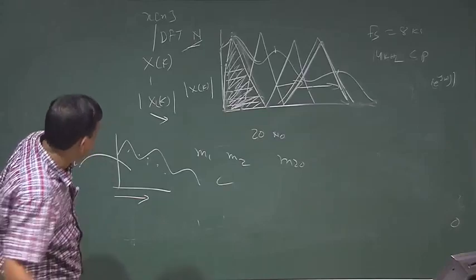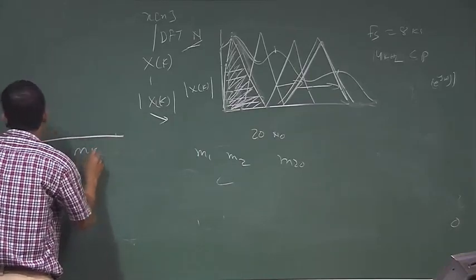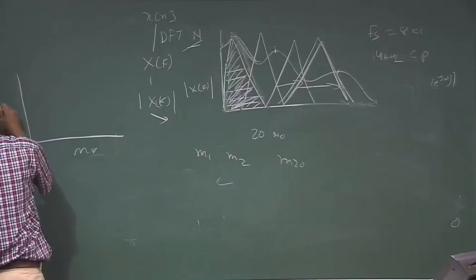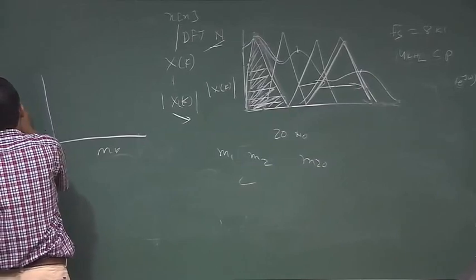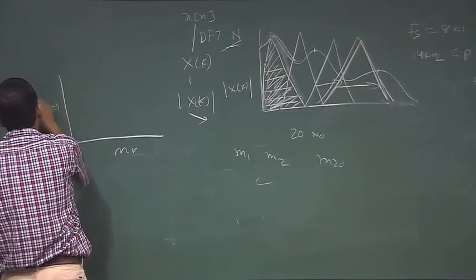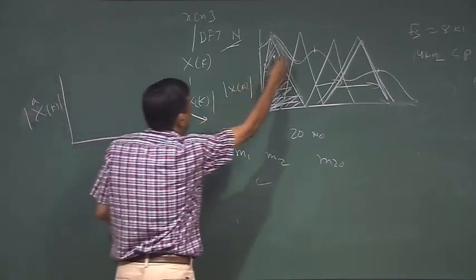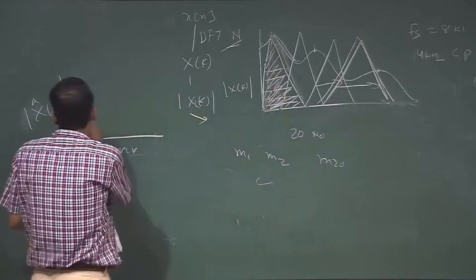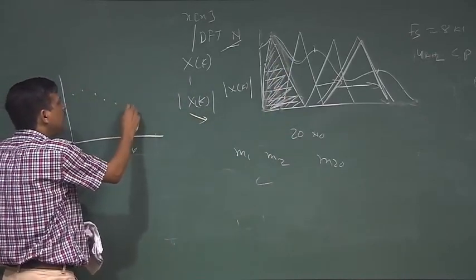So, what I get instead of hertz is mel scale, and here is S cap, X cap k. Instead of X k, I take X cap k. I take the average energy. So, instead of spectrum, I get mel scale spectrum.